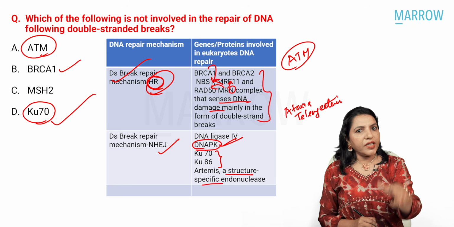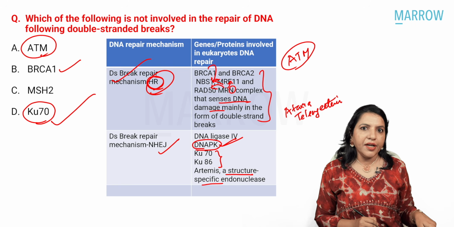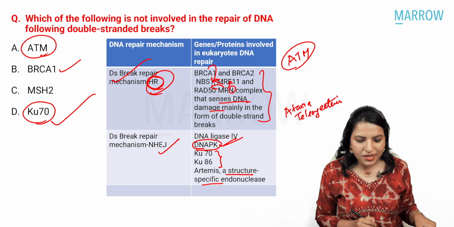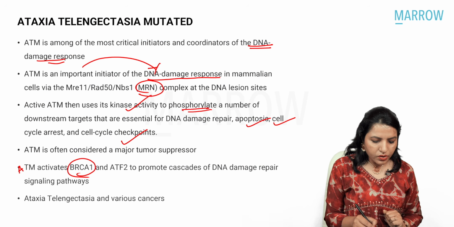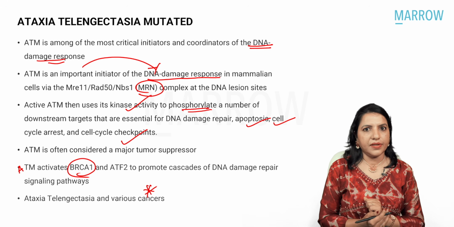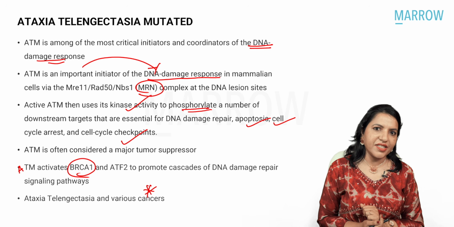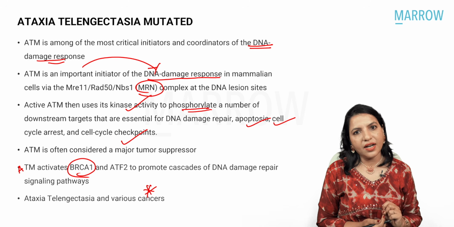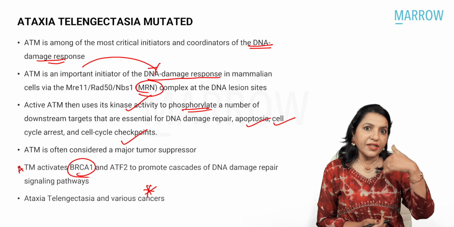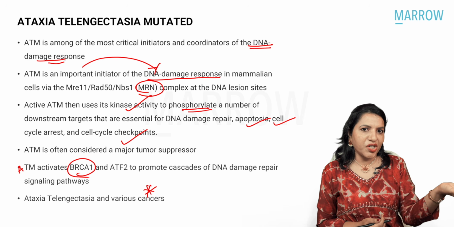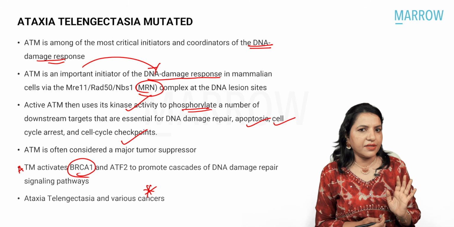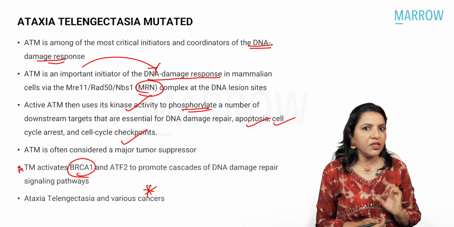All these are involved in double strand DNA break repair, that is HR. ATM gene mutations are associated with ataxia telangiectasia, also with homologous recombination, plus various cancers are associated with this particular gene.